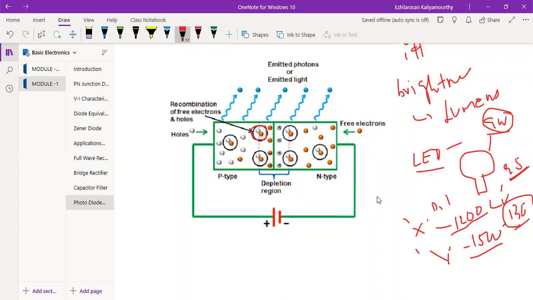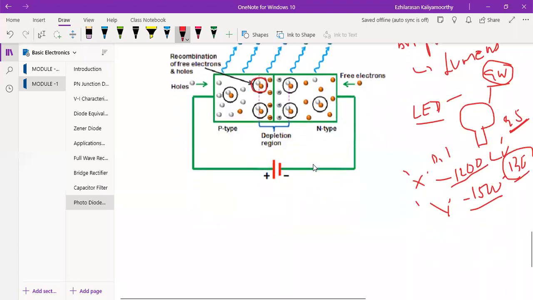Now, like a normal PN junction diode, an LED also operates only in forward bias condition. To create an LED, the N-type material should be connected to the negative terminal of the battery, and the P-type to the positive terminal of the battery. In other words, the N material should be negatively charged, and the P-type should be positively charged.